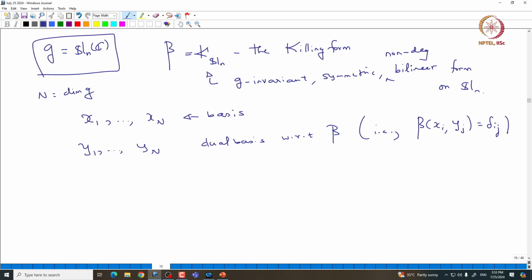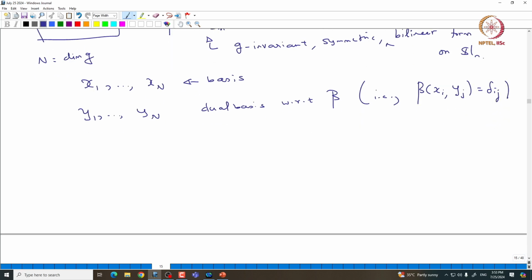Now we can define the Casimir element with respect to this pair. Let us call it C, that is the summation of xi yi, i ranging from 1 to n. Note that we are taking this inside UG; I am allowed to take products of elements of G inside UG. So, I just take these products and then take the sum, which is a well-defined element inside your UG, and this is called the Casimir element.